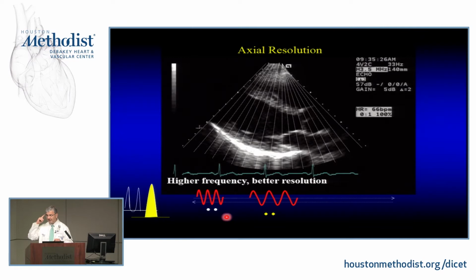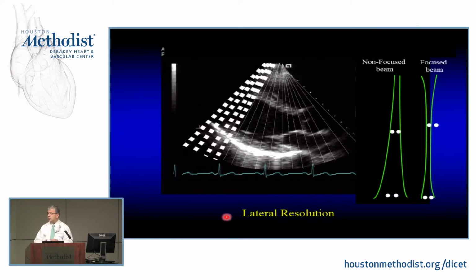Now, you can already tell that there is another resolution that we have to deal with, which is the lateral resolution. In lateral resolution, just imagine each one of these piezoelectric crystals is sending waves, but what happens? Dispersion occurs, right? So you're going to get a wider tube, as you can see here on the right side. It's a non-focused beam. It's going to be bigger and bigger and bigger away from my transducer.